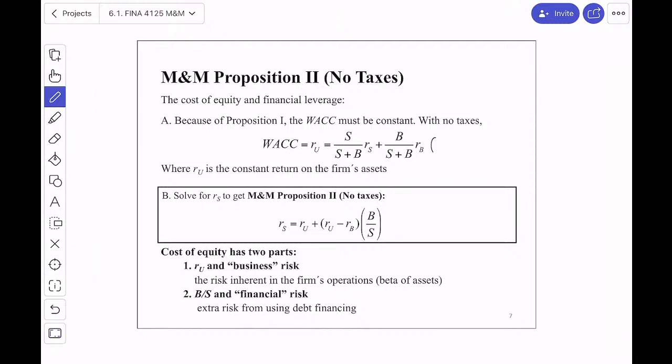So if I had 1 minus TC, this would be 0. So we use the symbol RU for the unlevered firm.